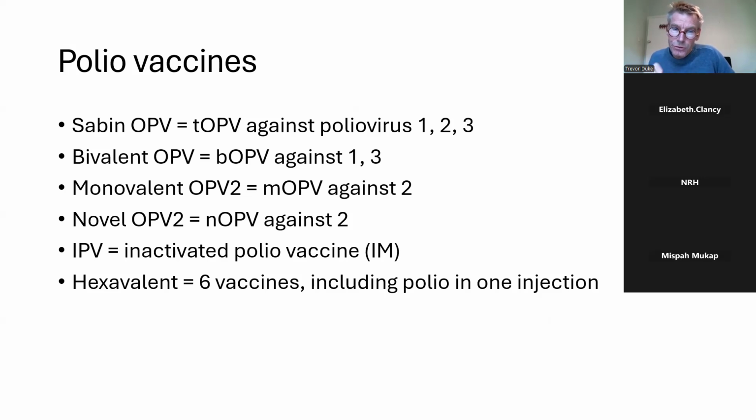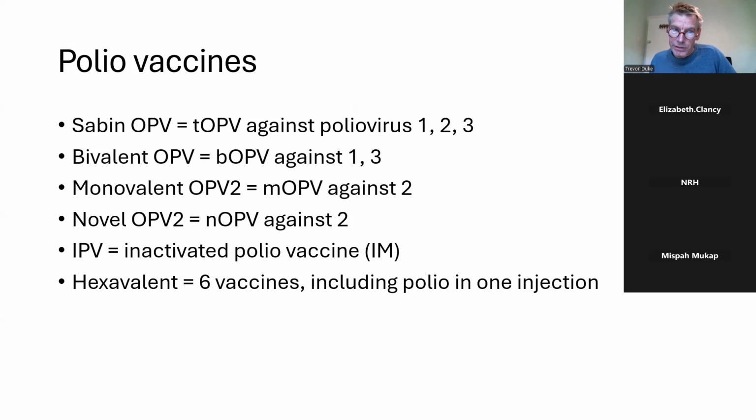There's a new, or what we call novel OPV2, and that's against poliovirus 2, and it's called NOPV. You'll hear more about that. In cases where there is circulating vaccine-derived poliovirus 2, where it's circulating in a community, then NOPV has been very successful at controlling that.